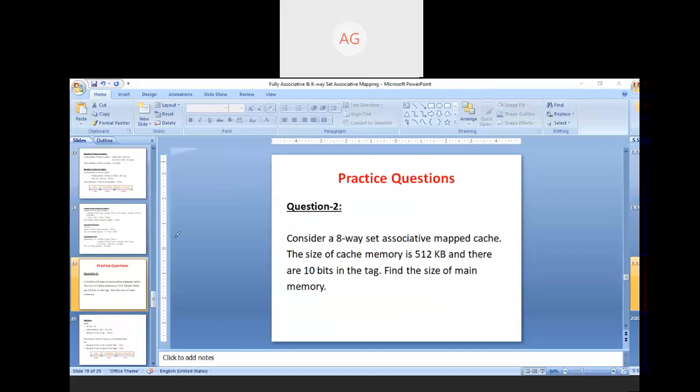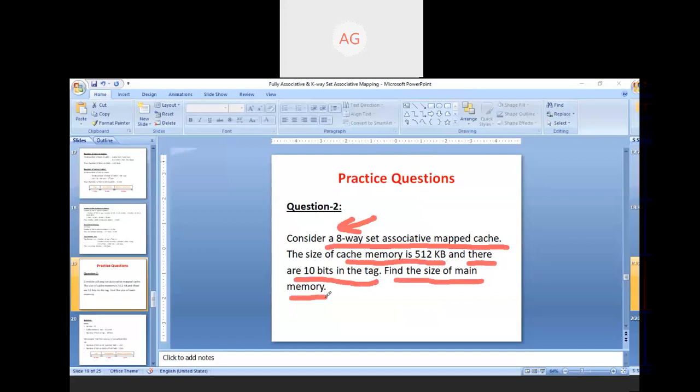So the question given to us is, consider an 8-way set associative mapped cache. So here the value of k is 8. The size of the cache memory is 512 KB, and there are 10 bits in the tag. So the number of bits in the tag is already given to us in the question. So find the size of the main memory.